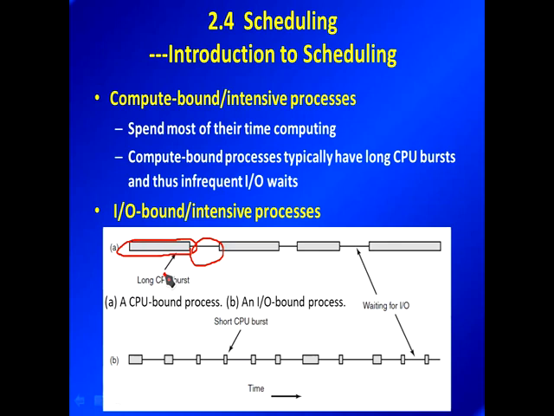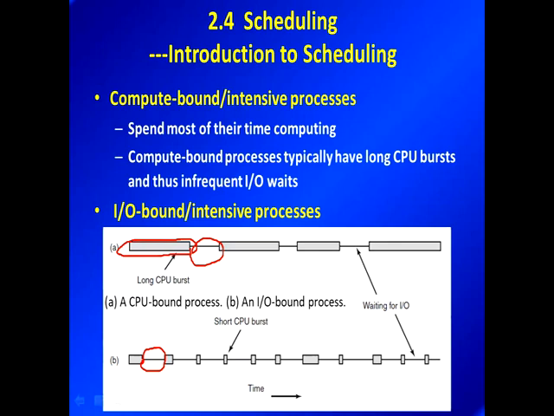And for the I/O-bound or I/O-intensive processes, you can see maybe it just runs less than 100 instructions, and then it needs to wait for some input or output to be done. So for this kind of process, the typical example is, can you name one?